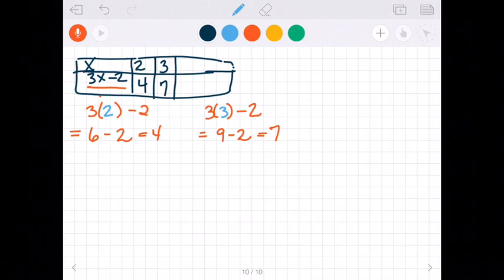Okay, how about when x is 4? Then our function, or our y, would be 3 times 4 minus 2. Whoops.